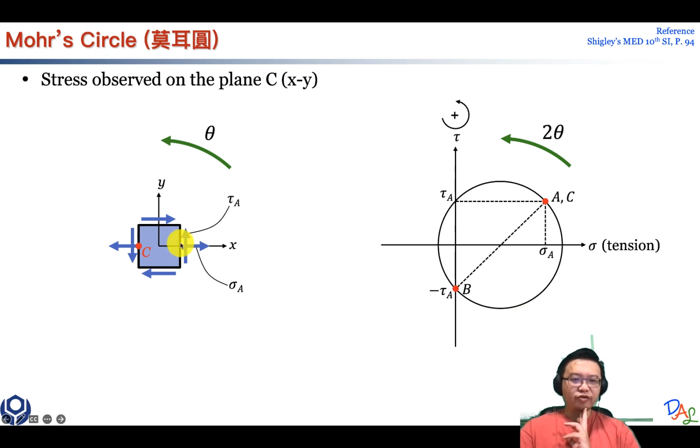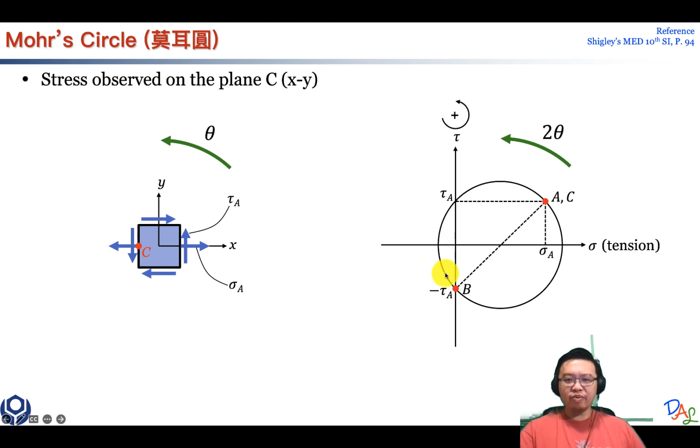And if you rotate 90 degrees more, you are moving down to here at the bottom, and it will overlap with the B point. So making a complete circle right here is equivalent to making two circles on the right-hand side, on the Mohr circle. This is how you generate a circle.